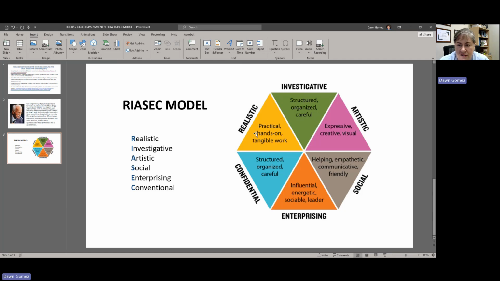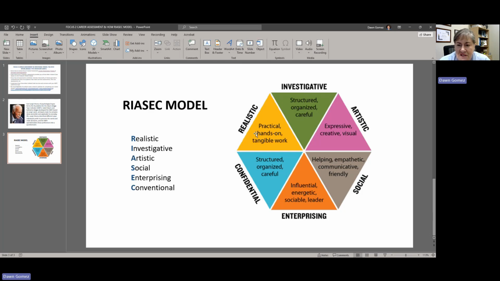And if you notice, artistic is opposite organizers. You see the pink artistic, it's opposite the blue conventional cluster, whereas artistic people need high independence to be able to structure their work. The organizers or the conventional cluster, they are comfortable following a chain of command and they really enjoy following procedures and seeing things out to their natural conclusion.